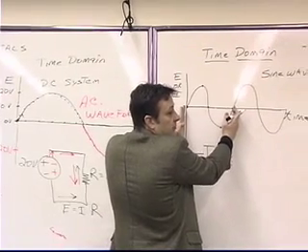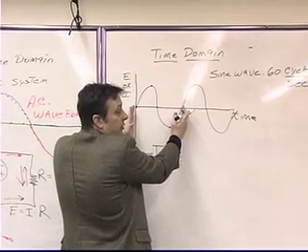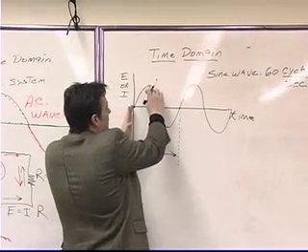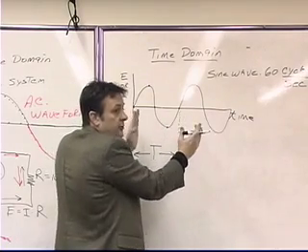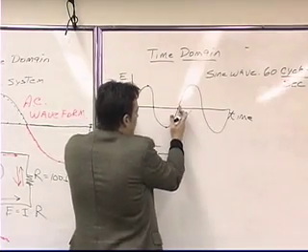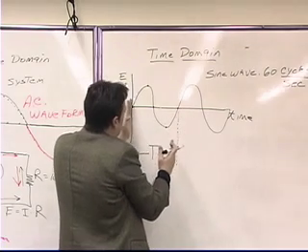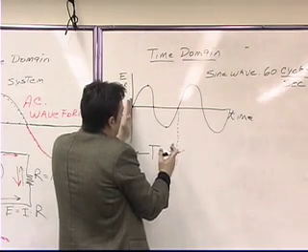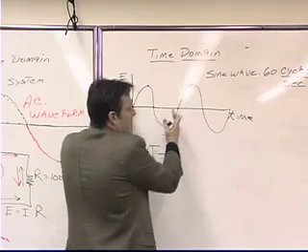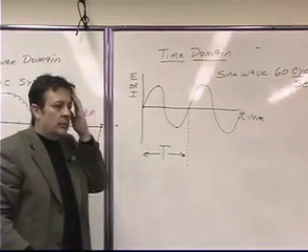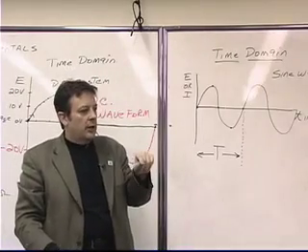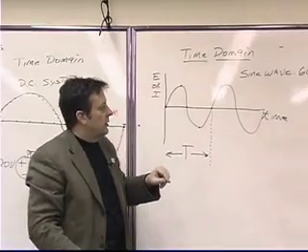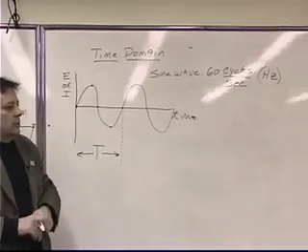That's what we're seeing. We're seeing other things as well, like we're seeing the peak voltage positive, the peak voltage negative. But the primary thing that we're seeing is how long does it take the waveform to go through one full cycle.